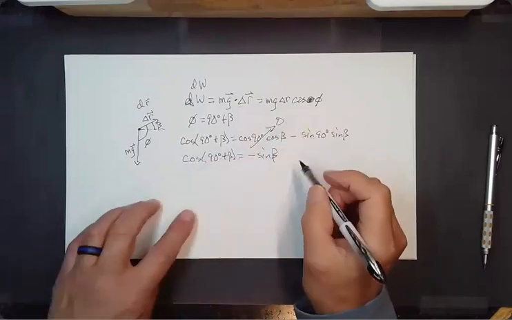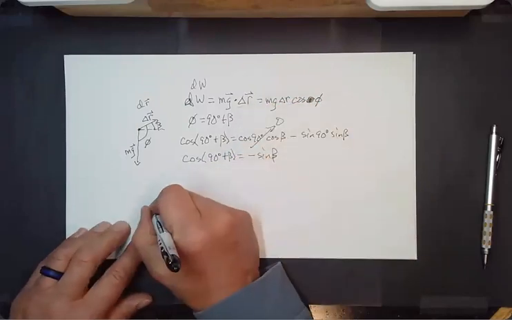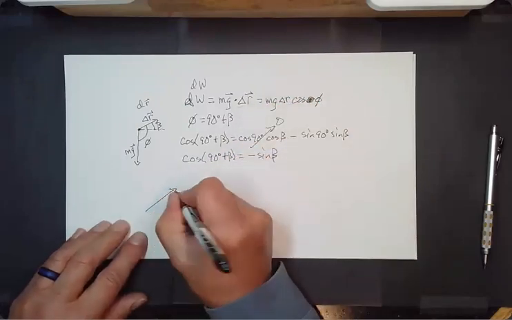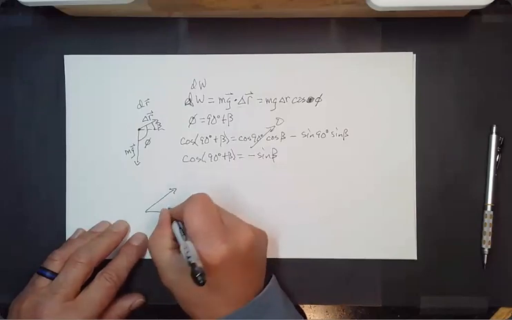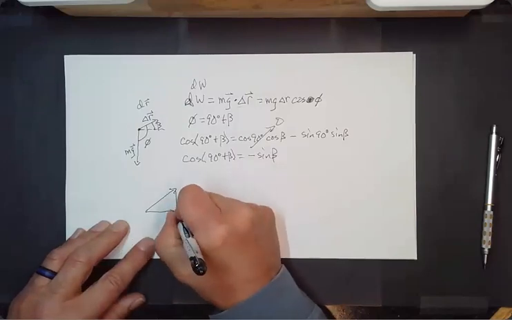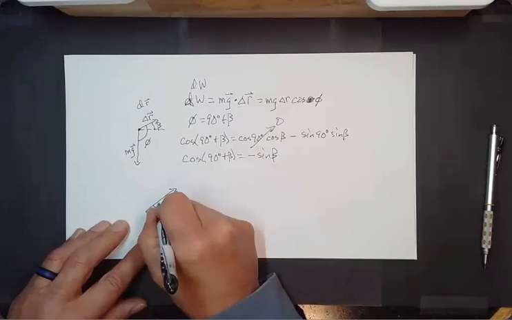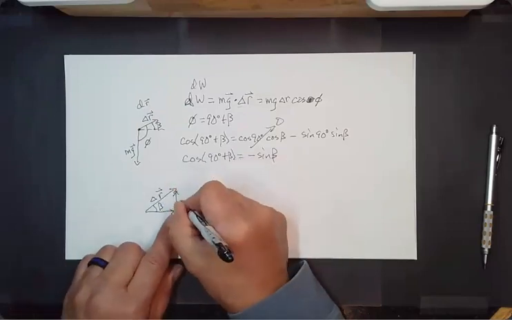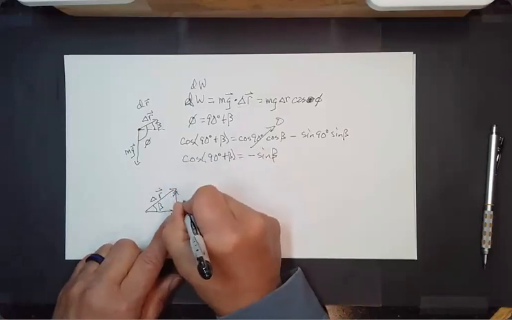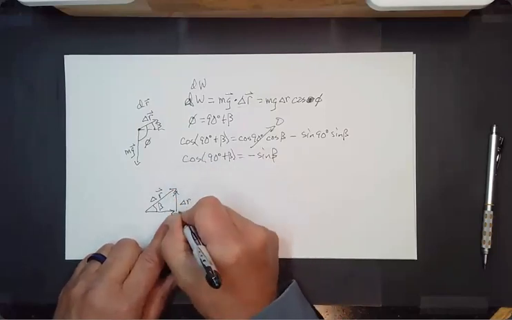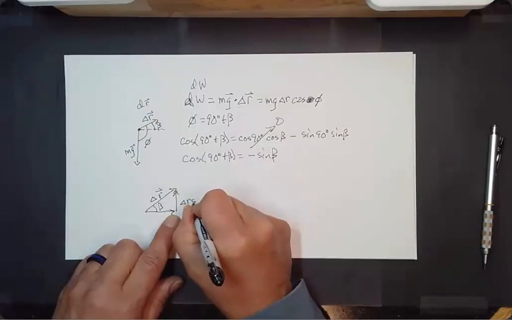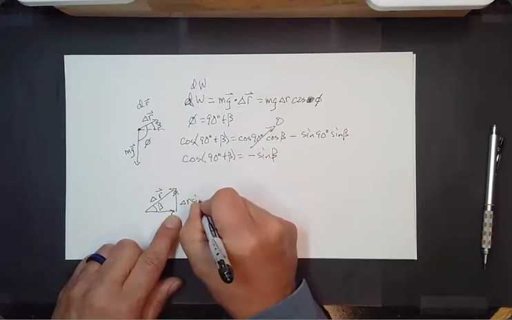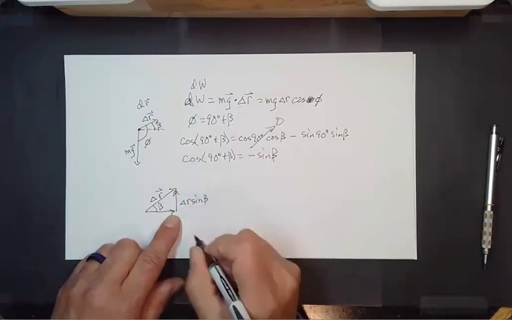Well, when I use that up here, delta R, if I draw a little vector here, here's that beta, here's delta R, and this upward part is the displacement in the vertical direction. That's delta R sine of beta.